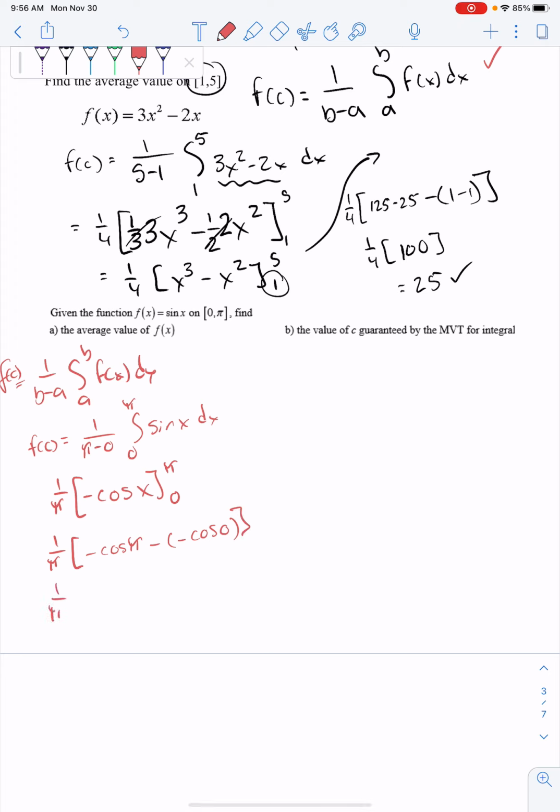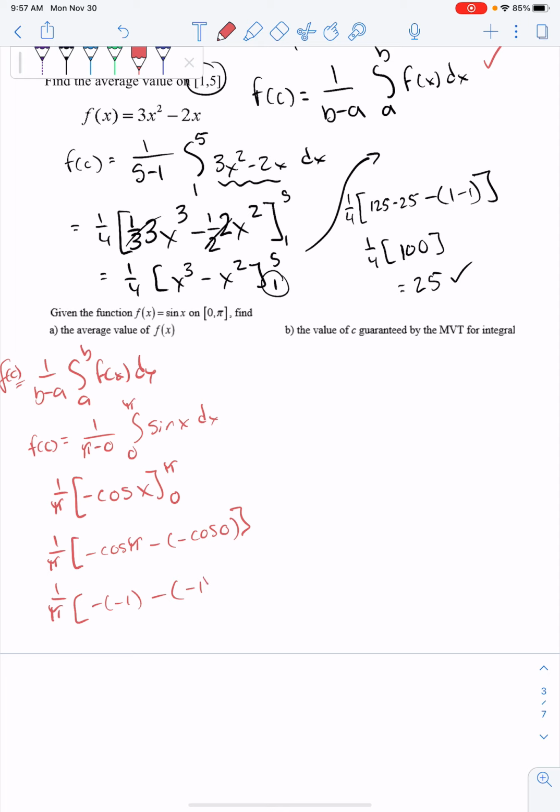So 1 over pi, negative cosine at pi. So if I'm looking at pi on the graph, if I'm looking at my unit circle, my cosine at pi is -1. So that becomes a -1. Minus, negative cosine at 0 is positive 1.